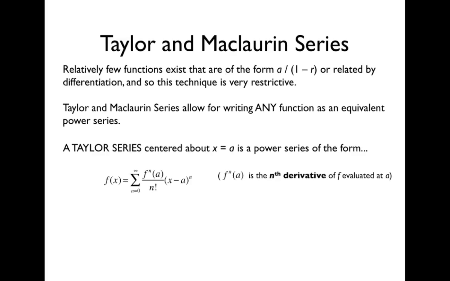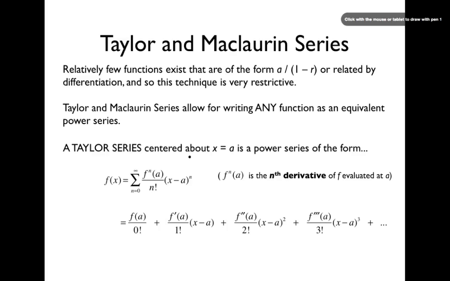And so building a Taylor series from scratch, from the ground up, is a matter of finding these terms, right? The value of the function at a and its derivatives. Okay, so that's what we need to do. And then the rest you just fill in, right?